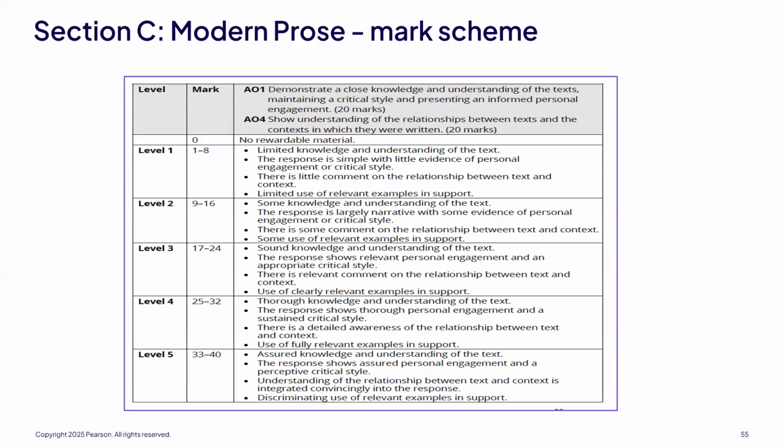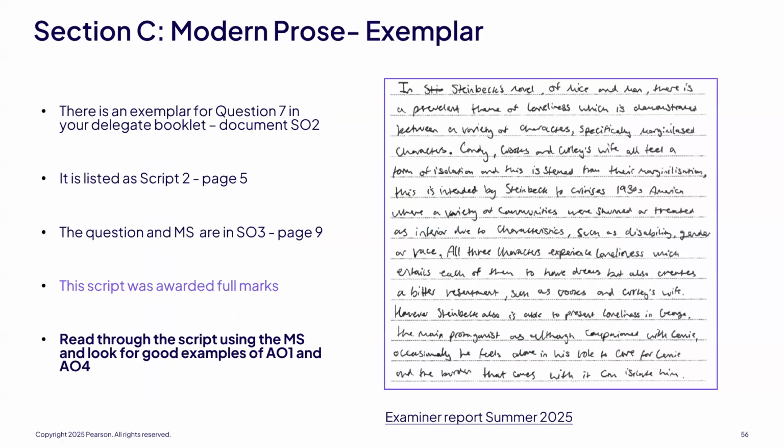And then, of course, our fourth bullet point is about the references, the examples used. So limited in level 1, some in level 2, clearly relevant in level 3, fully relevant in level 4, and discriminating in level 5.